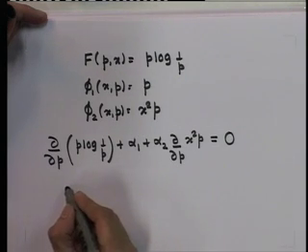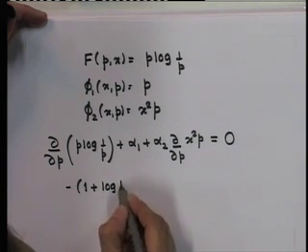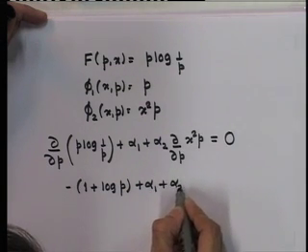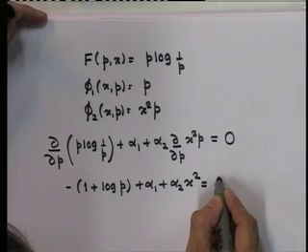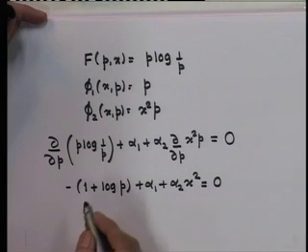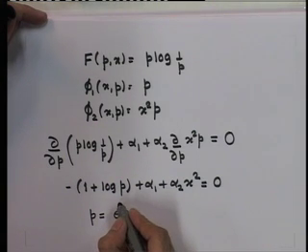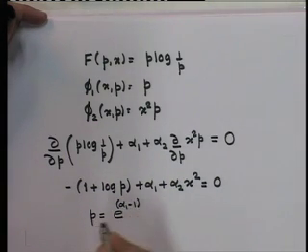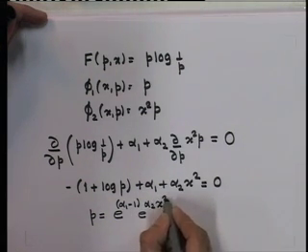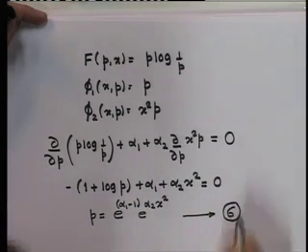If you solve this, we get the condition: minus 1 plus log P plus alpha 1 plus alpha 2 x squared is equal to 0. Solving for P from this equation, we get P is equal to e raised to alpha minus 1, times e raised to alpha 2 x squared. Let us call this equation number 6.